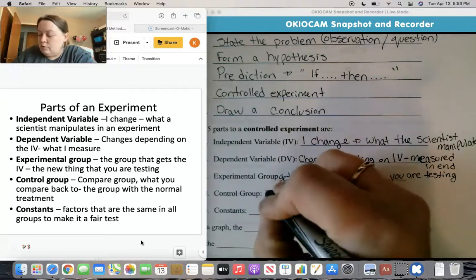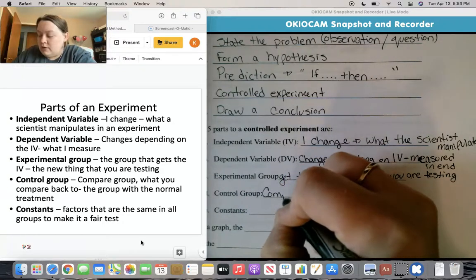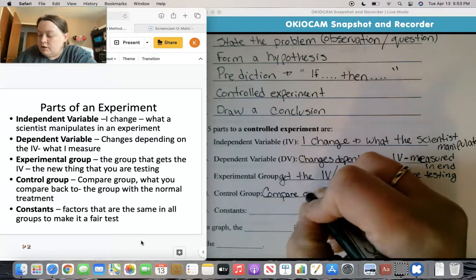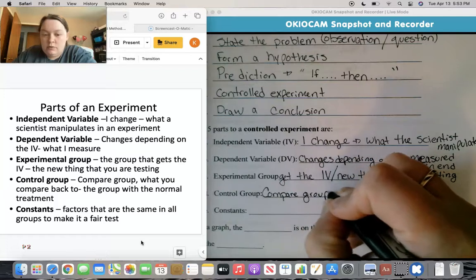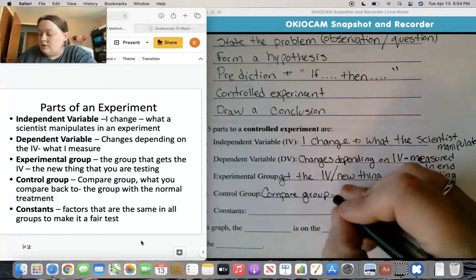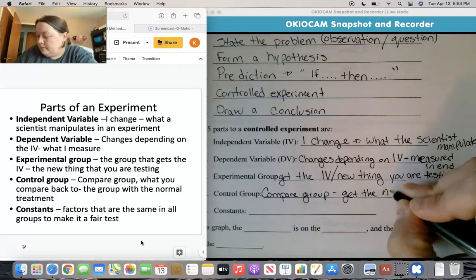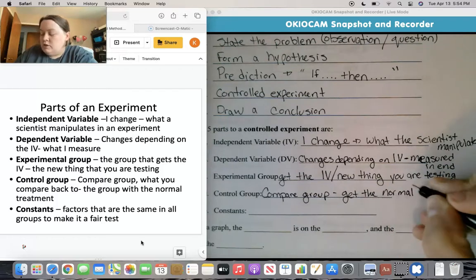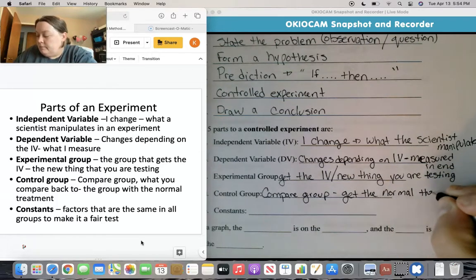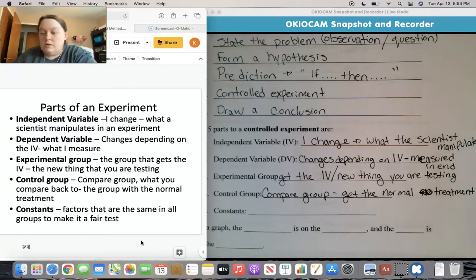Your control group is also known as your compare group, because you're going to compare back to this group, and this gets the normal thing. So in my experiment, the plants that are in normal sunlight are the ones that are my control group, because I know what happens to plants in normal sunlight.